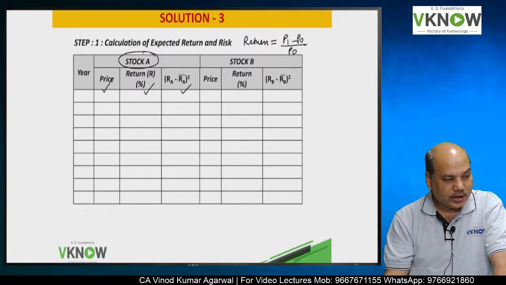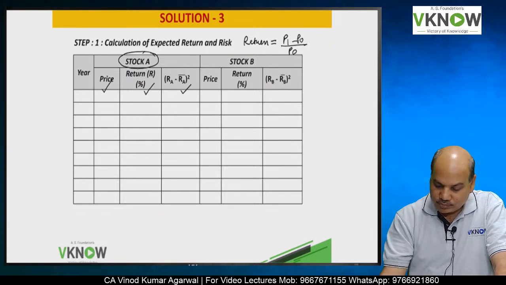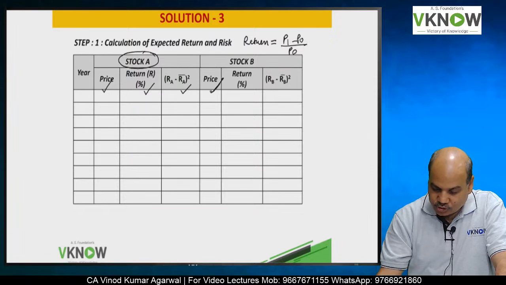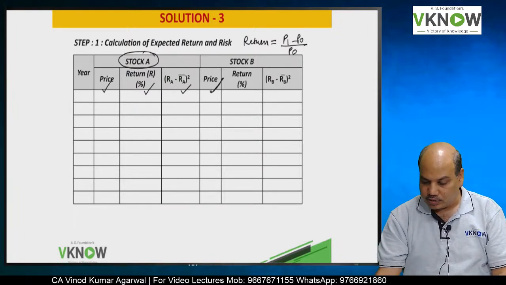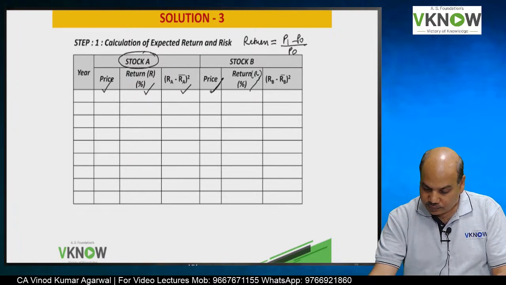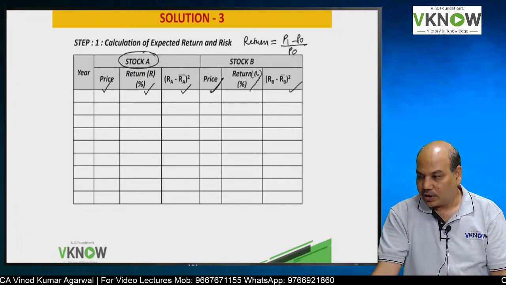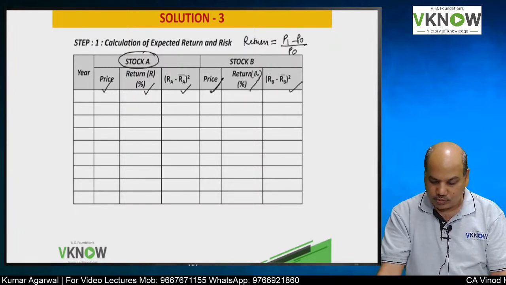That is for standard deviation. Any doubt, ask me, and if you have any suggestion, please reply. Stock B, same format: price, return in bracket R, RB minus RB bar square.